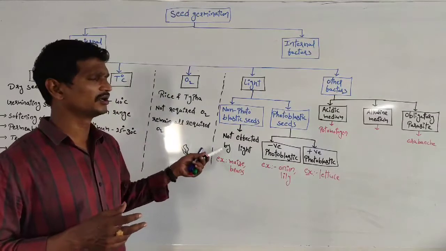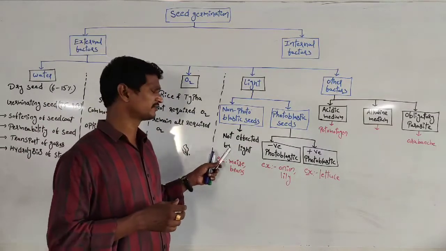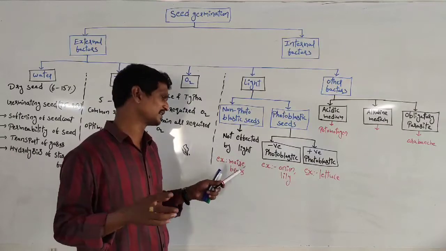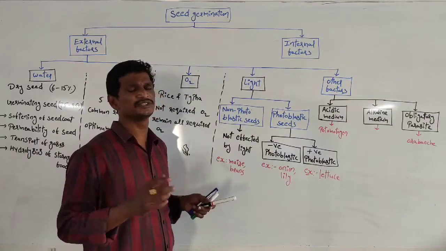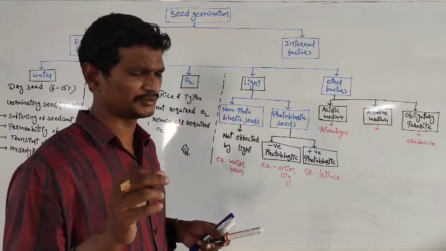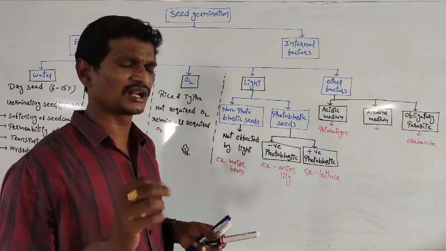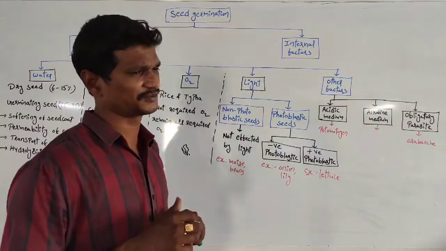These seeds can grow in the absence of light and in the presence of light also. So light does not affect seed germination in some plants. Examples are maize and beans, where the seed germination process is not affected by light.